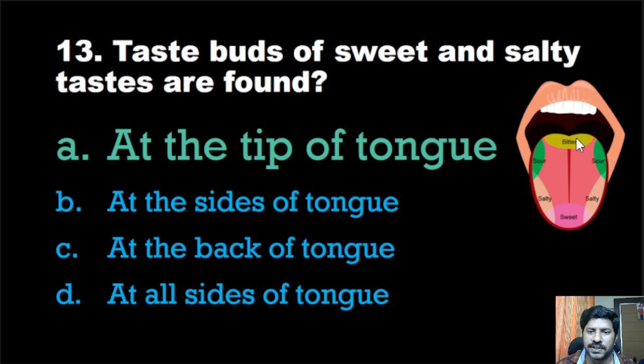Then the posterior part of the tongue contains bitter taste buds. So this is the distribution of taste buds. Anterior part is sweet, anterior lateral side is salty, posterior lateral sides are sour, and the posterior part is bitter.